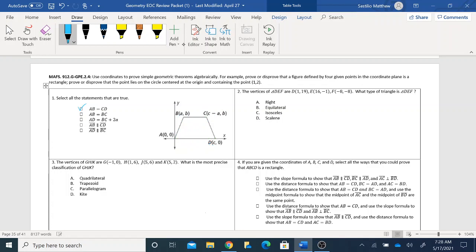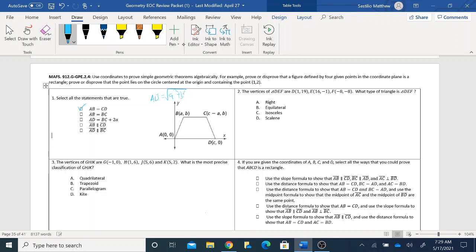Next, AB equals BC. Well, AB is the hypotenuse, so it would be equal to the square root of A squared plus B squared.